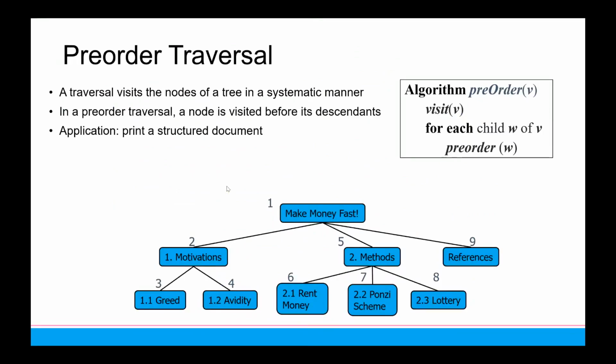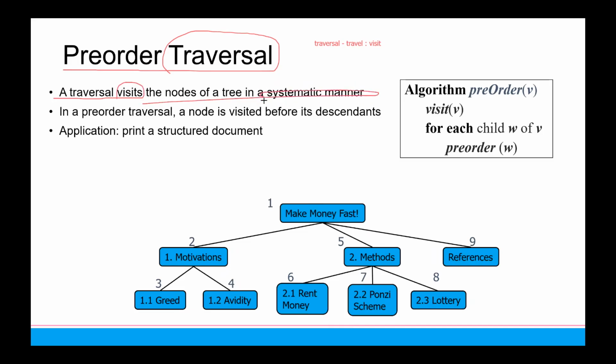So in the tree, we have the word traversal. Traversal means travel. What does it mean by travel? When you travel, you want to visit. So a traversal means visits. A traversal visits the nodes of a tree in a systematic manner.